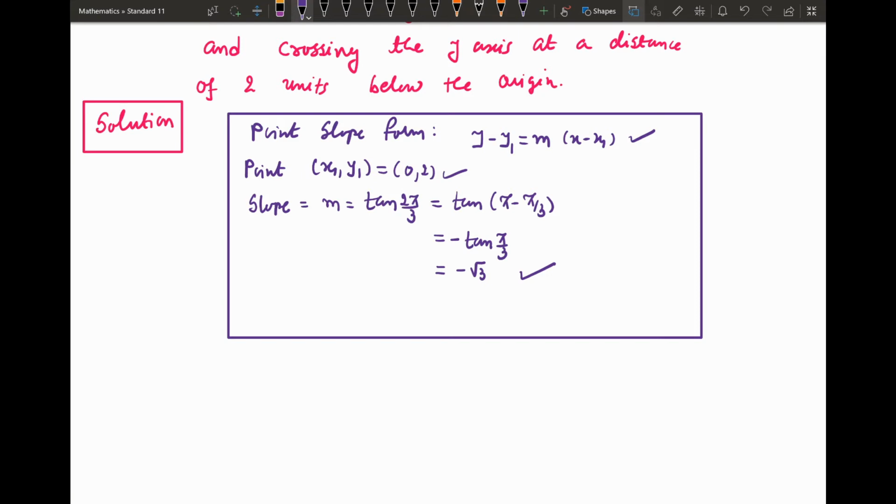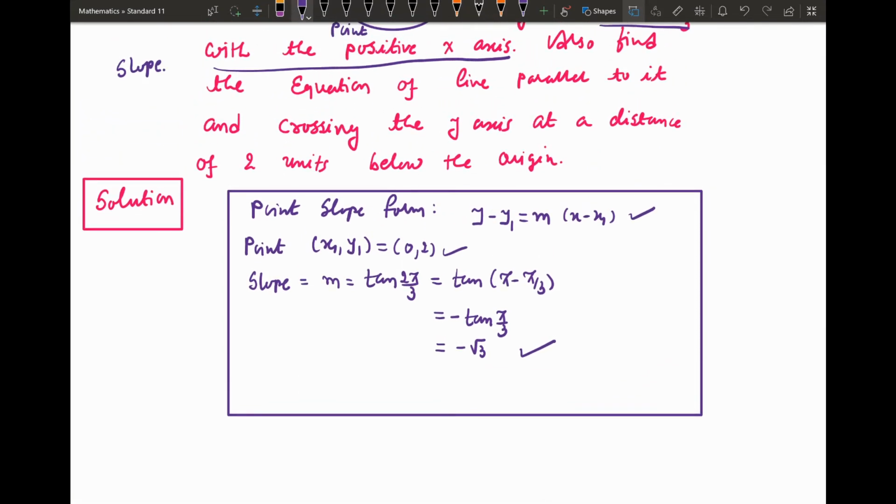Now the second question is this one: also find the equation of the line parallel to it. Now we know two lines L1 and L2 are parallel if and only if their slopes are equal. So any line parallel to the given one will also have slope minus root 3. And for the second question, the line crosses the y-axis at a distance 2 units below the origin.